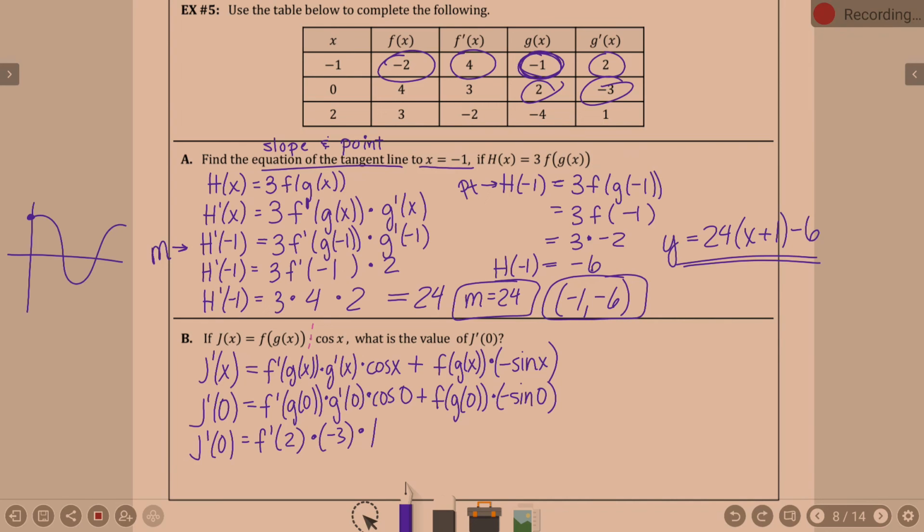Okay, plus f of g of 0. What is g of 0? 2. Negative sine of 0 is 0, because sine of 0 is 0. So that's 0.